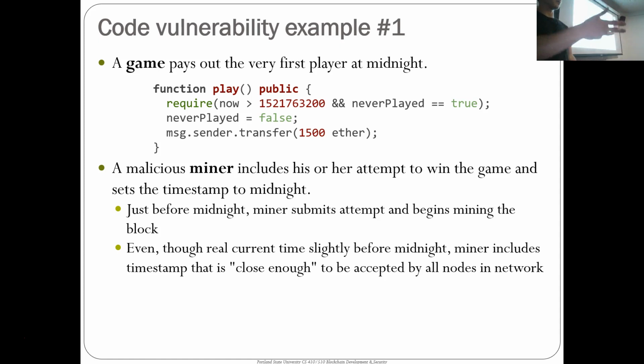And so this is what the miner would do. The miner wants to be the exact first person to do this, so sets the timestamp aggressively, and then mines a block with a transaction that the miner has put in to win this prize. Okay.